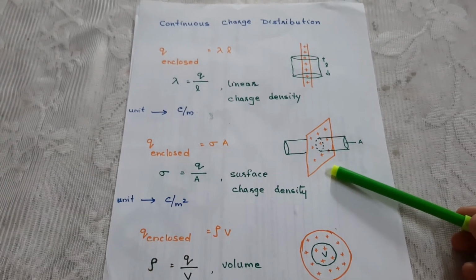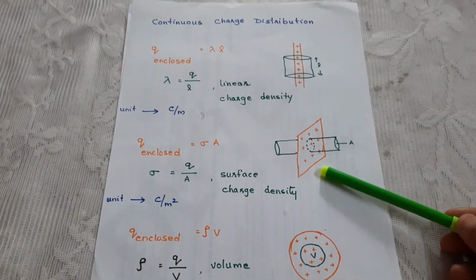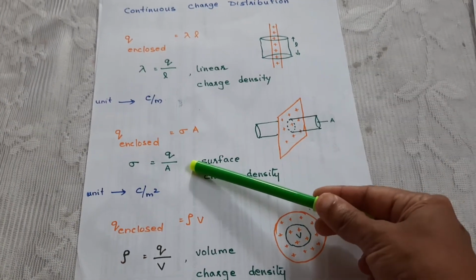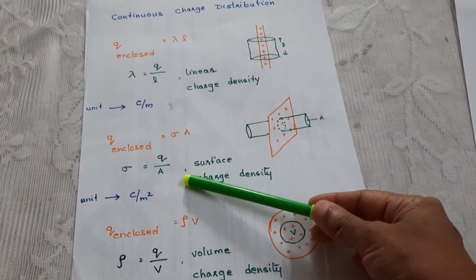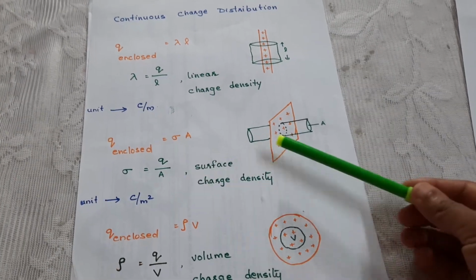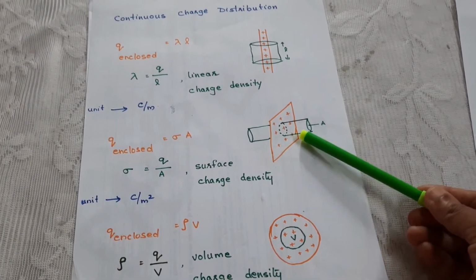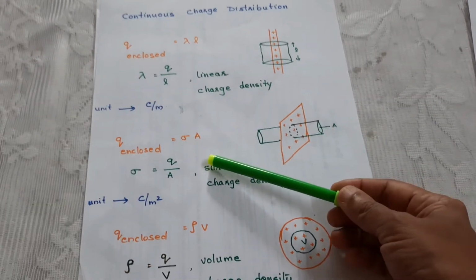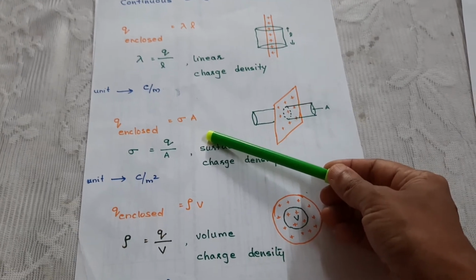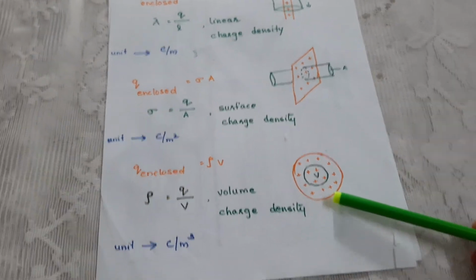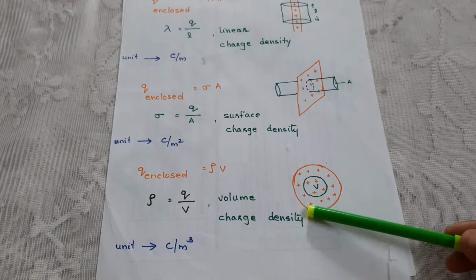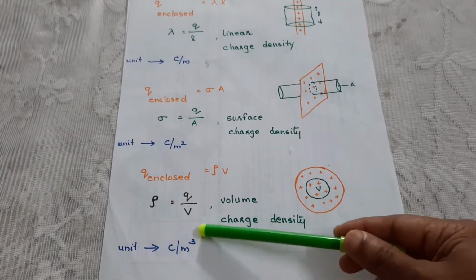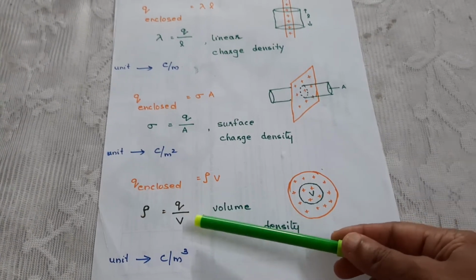For a metal surface, the surface charge density sigma is defined as charge per unit area. So the charge enclosed by the given surface of area A is sigma into A. And if the charge is distributed uniformly throughout a volume, then volume charge density rho is defined as charge per unit volume.